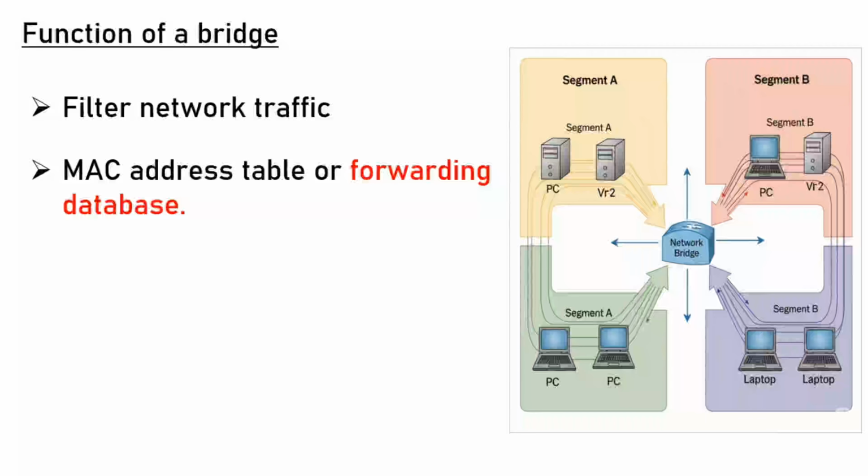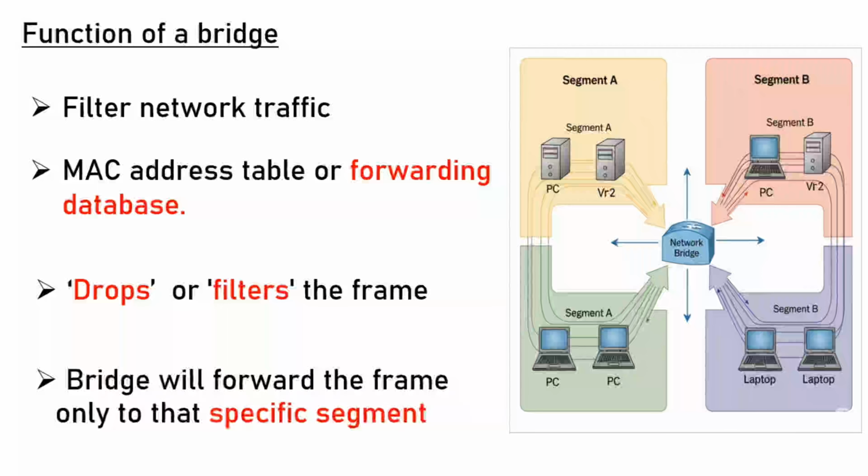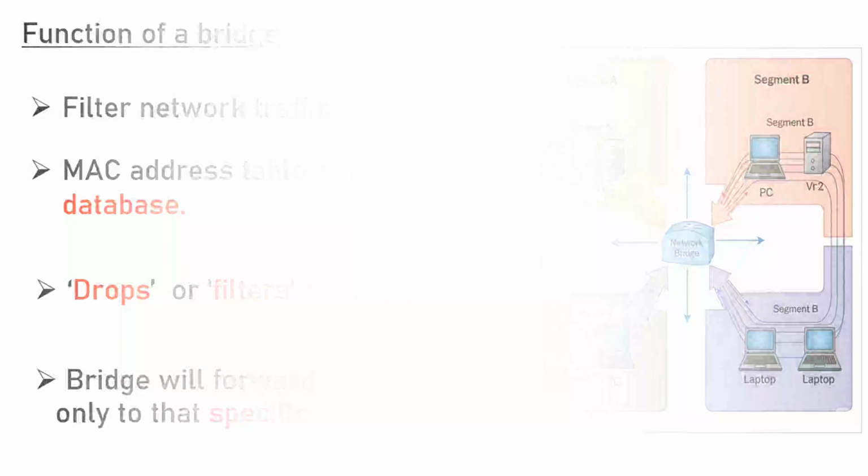If the destination device is on the same segment as the source, the bridge simply drops or filters the frame, preventing it from crossing over to the other segment. This saves bandwidth and reduces unnecessary traffic. However, if the destination MAC address is on the other connected segment, the bridge will forward the frame only to that specific segment.